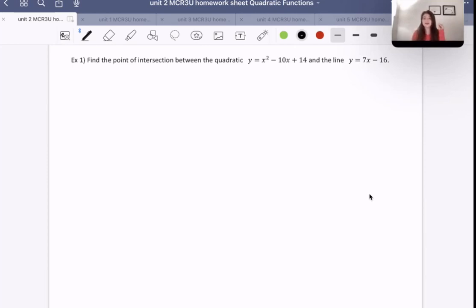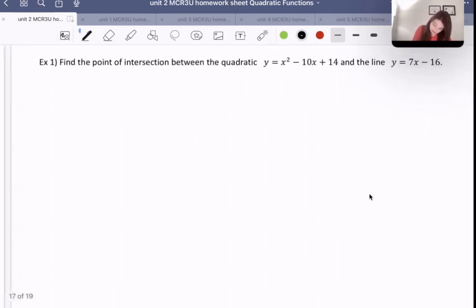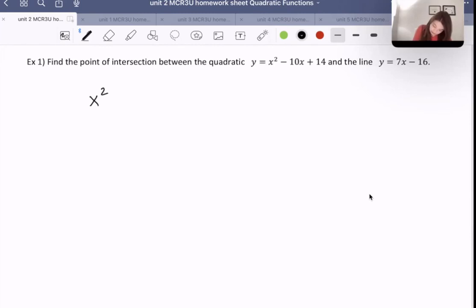I want to make them equal. We know that on one hand, y equals x squared minus 10x plus 14, and on the other hand, y equals 7x minus 16. So I'm going to say x squared minus 10x plus 14 equals 7x minus 16, and then I'm going to solve for x.